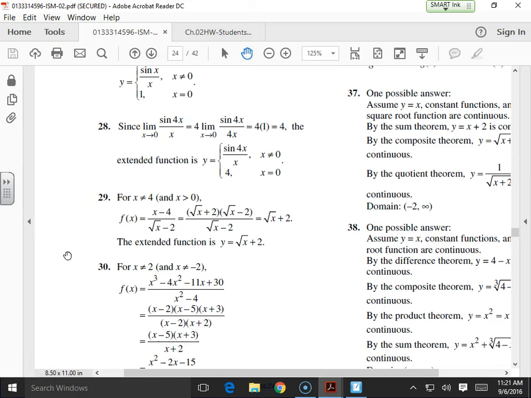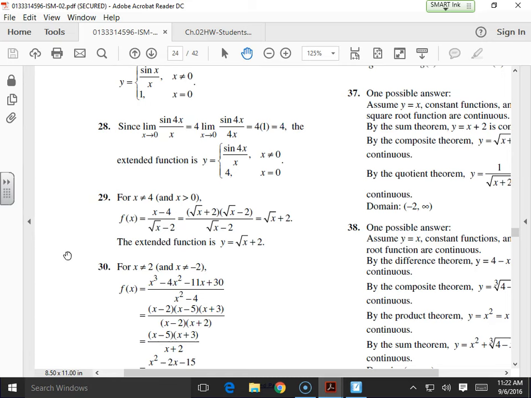Nice thing is this is being taped, so if for some reason you fell behind, you know what to do. Number 28. This could just be a trick that we saw from last year, and the limit is 4. To extend it, that's just saying to make it continuous: the limit is 4, so at 0 I need it to equal 4, and it'll all match up. It'll fill the hole.